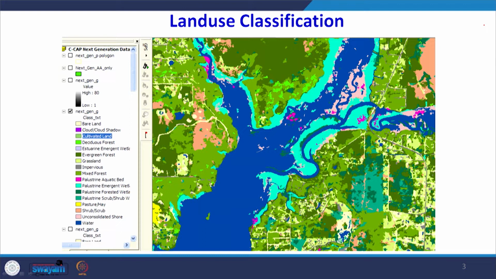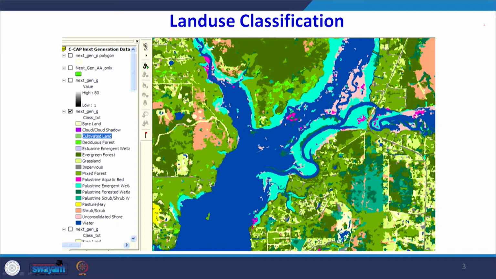From this land use classification, we can determine the area of each and every class, because there is forest area, water pixels, and urban areas. But at the same time, it is important to know the accuracy of this map.